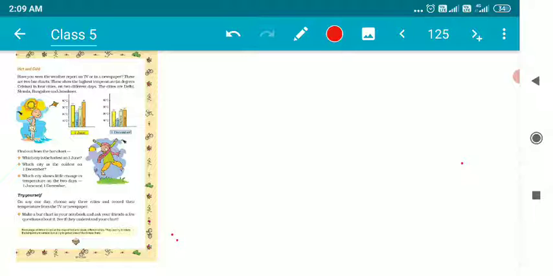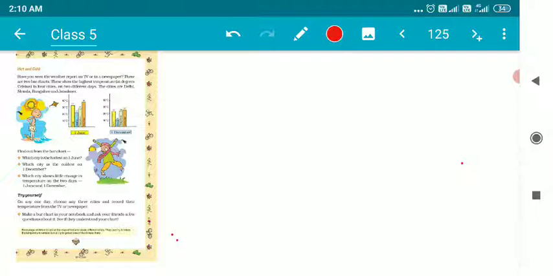So without wasting time, we'll start with the concept of data handling, the portion on graphs. Here is a story-based incident about hot and cold. Have you seen the weather report on TV or in a newspaper?